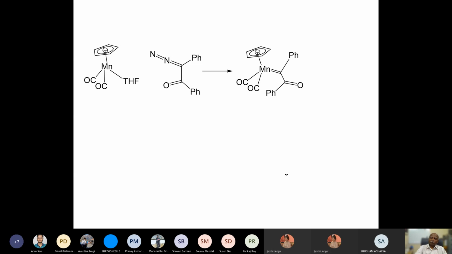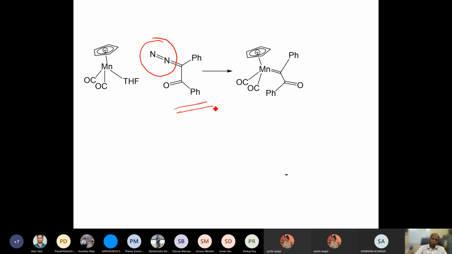So here is another example where I have an extrusion. You remember I talked about some four or five principles of making metal carbon bonds. One of them was the extrusion of a molecule. So in this case, extrusion of dinitrogen is taking place. This is a diazo compound.